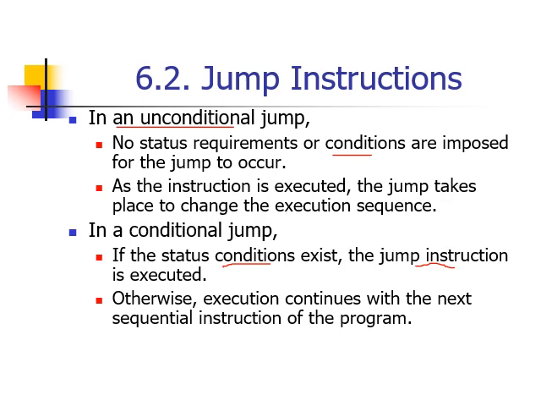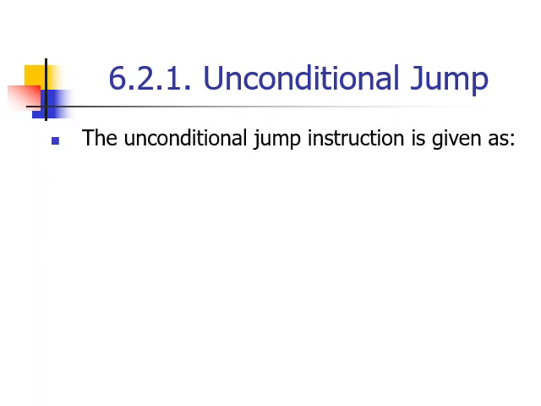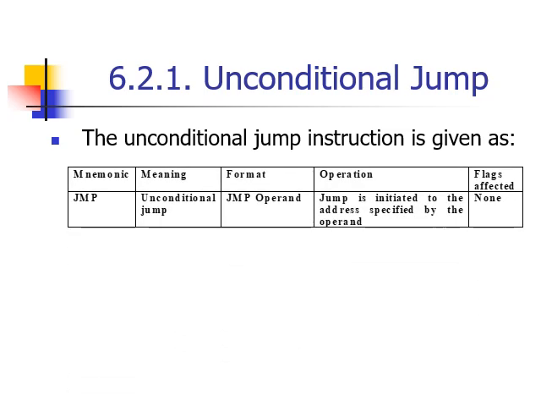This is the end of lecture 5. So the conditions are checked through these flag bits, and the unconditional jump is given as JMP, the mnemonic code of the jump, which is unconditional.